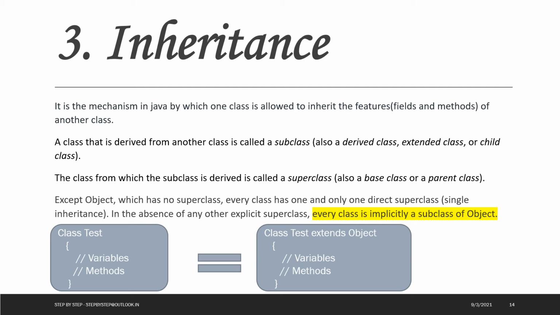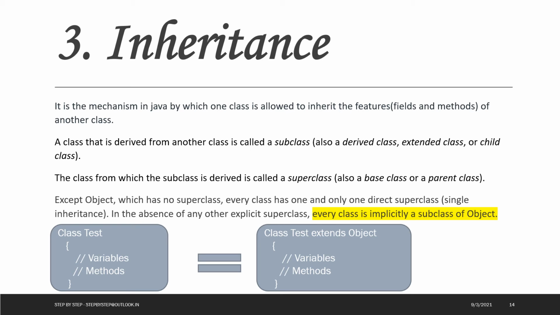In Java, Object is one of the predefined top level classes. Except Object, which has no superclass because it's a top level class, every class has one and only one direct superclass. That is single inheritance.